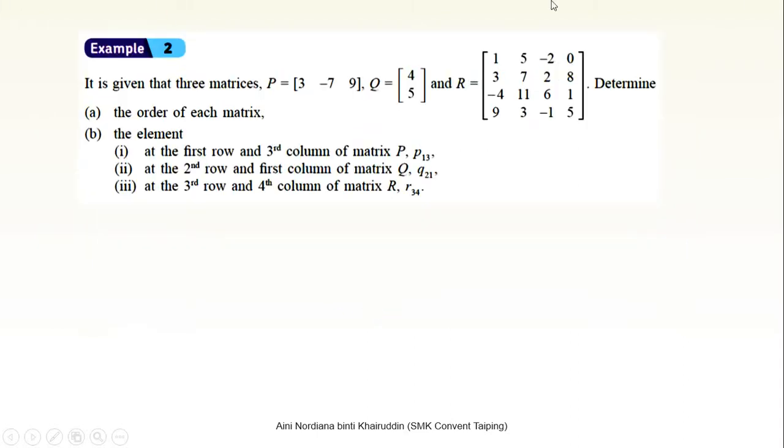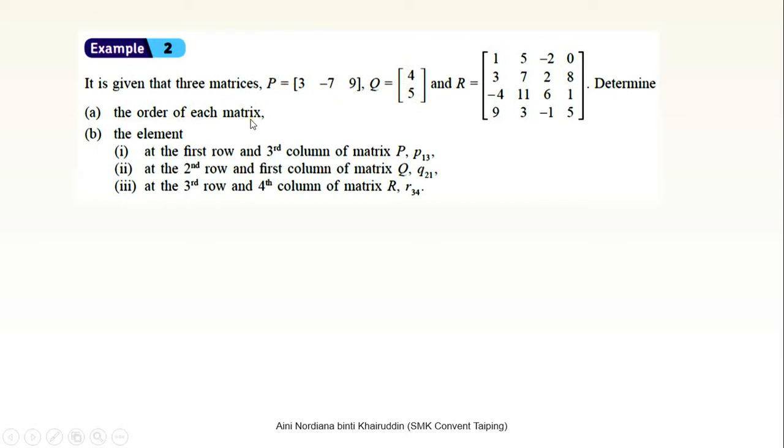So have a look at this example. It is given that there are 3 matrices: P, this is the matrix of P, Q, this is the matrix of Q, and R. Determine the order of each matrix.